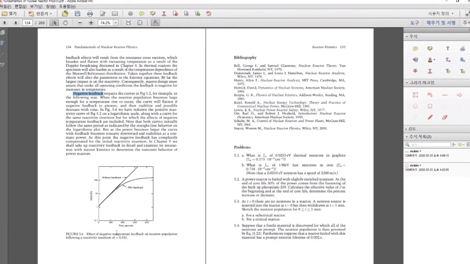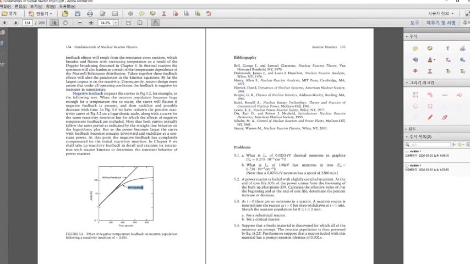With zero power kinetics, we do not consider feedback effect. Under that condition, as power increases, the neutron population will also increase, as does the reactor power.